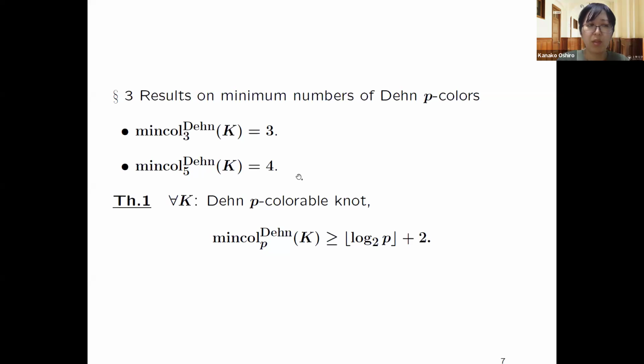This can be shown by deforming non-trivially Dehn 5-colored diagrams and omitting one color. And Theorem 1: for any Dehn p-colorable node K, the minimum number of Dehn p-colors of K is greater than or equal to the floor function of log 2 p plus 2.